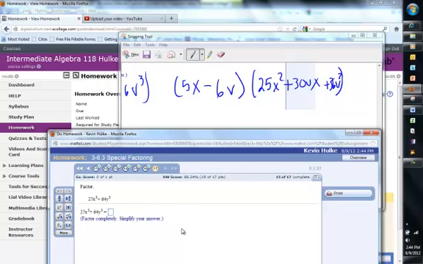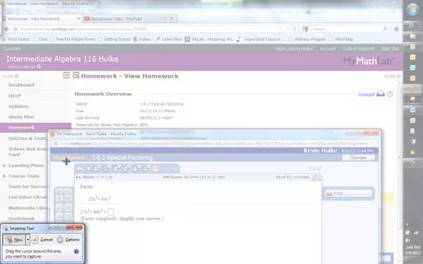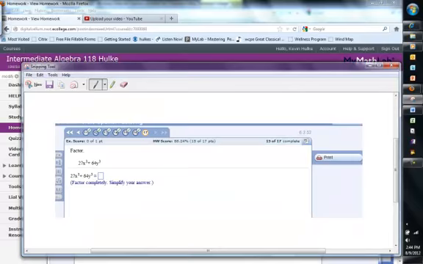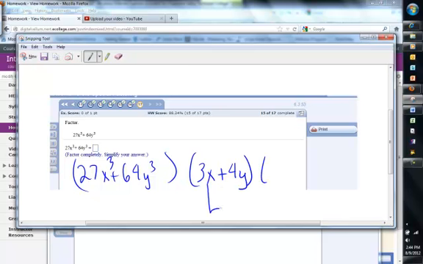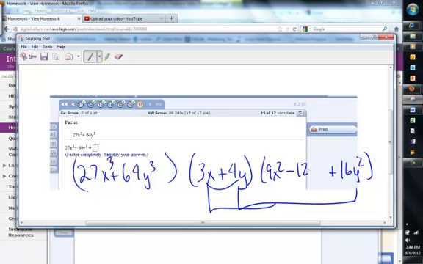Last one, and the last one is also a cube. Amazing. Okay, 27x cubed plus 64y cubed. Take the first thing, cube root is 3x. Second thing, cube root is 4y. Square this, 9x squared. Square this, 16y squared. This times this is minus 12xy.